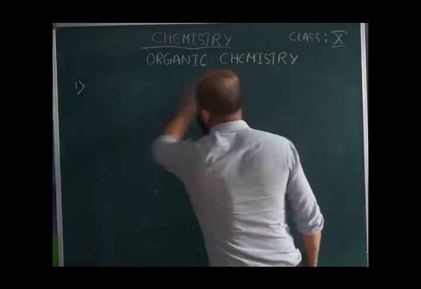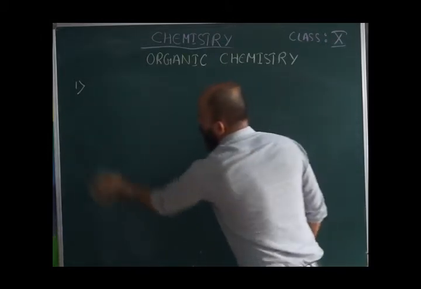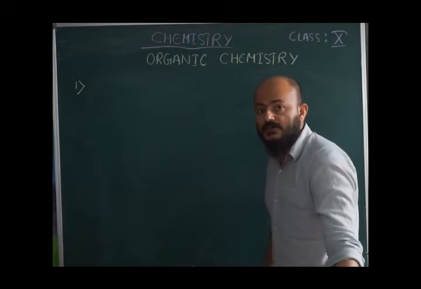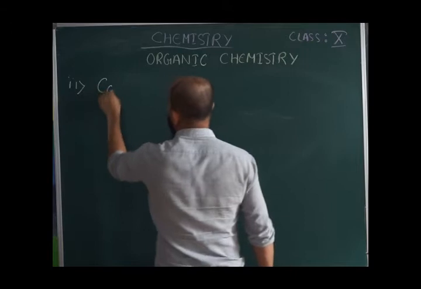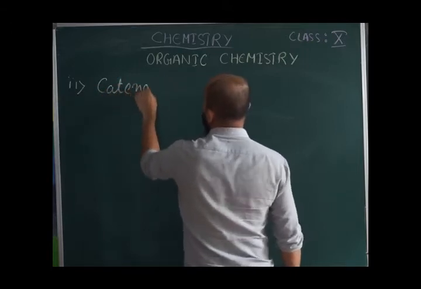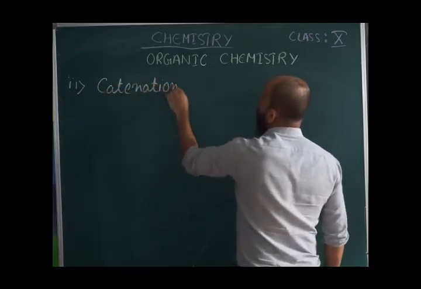The second property of carbon, due to which it forms such a large number of compounds, is catenation.